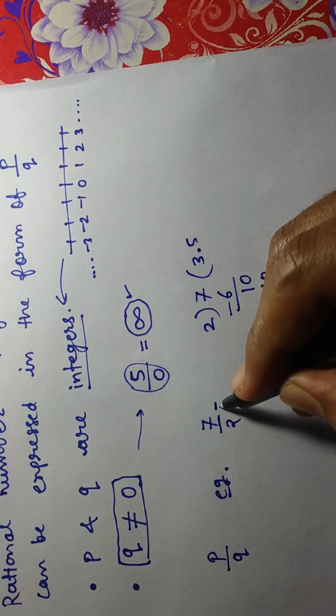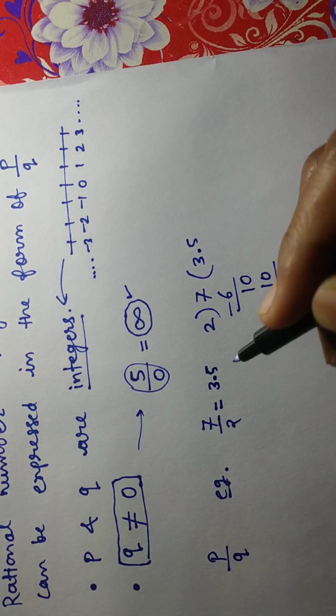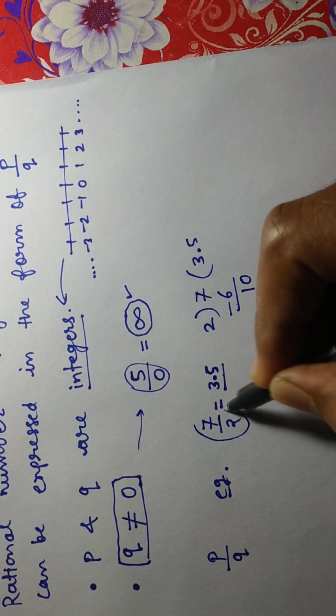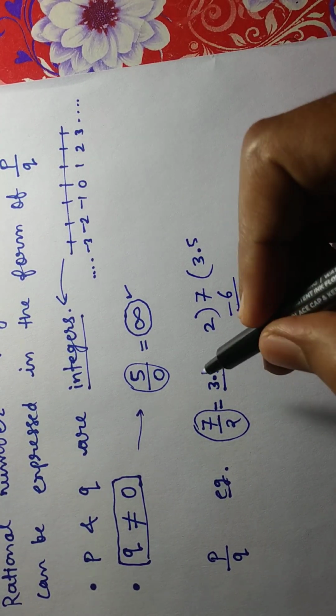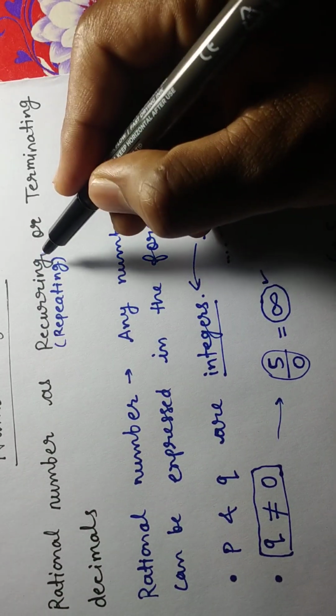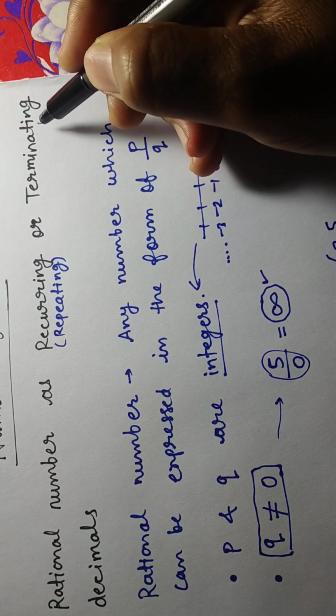Now this 7 upon 2 is equivalent to 3.5, right? This is the decimal form of this rational number, right? Now this decimal form can be of recurring type, which is repeating, or can be of terminating type.